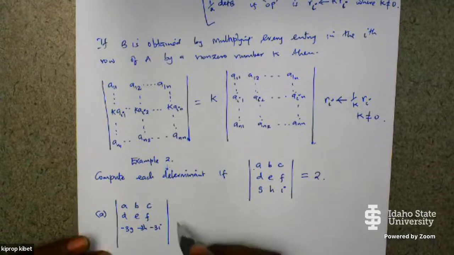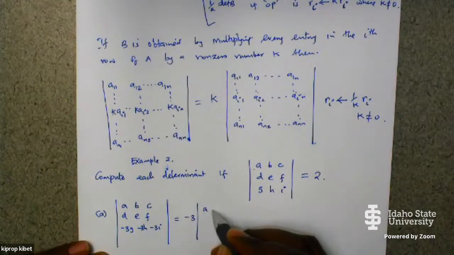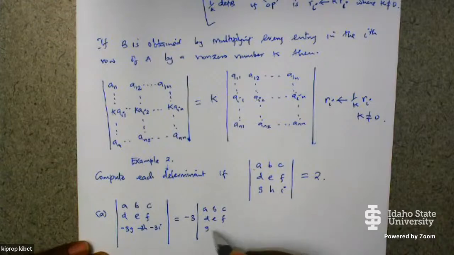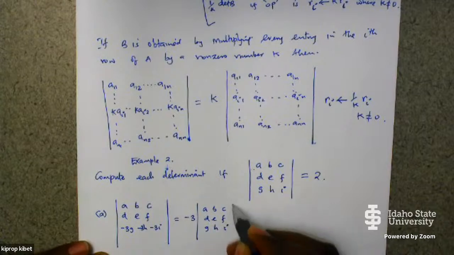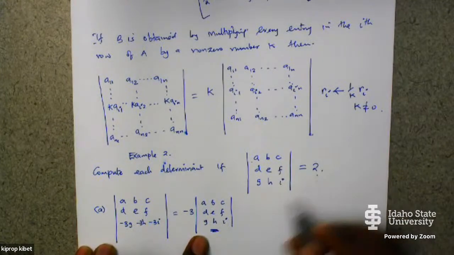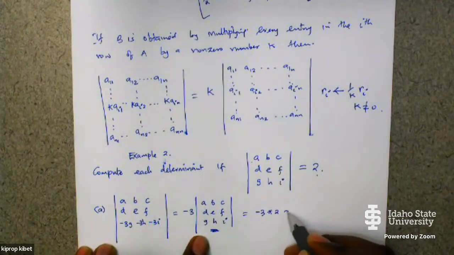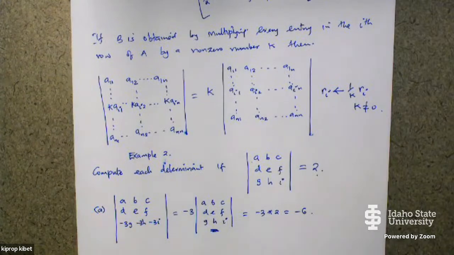This is similar to factoring out -3, so -3 times the determinant of A, B, C, D, E, F, G, H, I. And this one is 2. So the determinant here is -3 multiplied by 2, which is equal to -6.